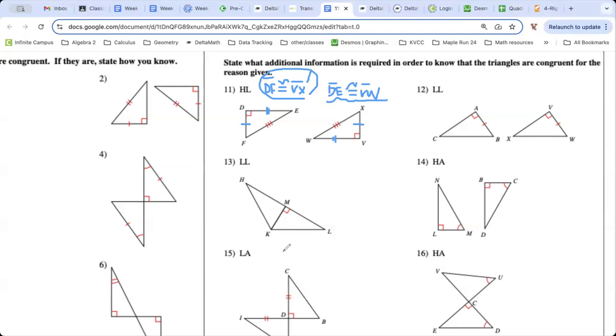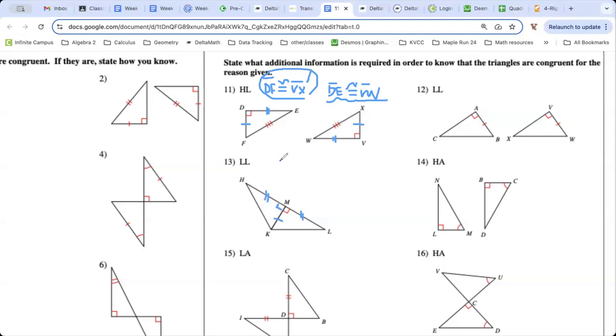13, LL. Okay, so talking about a pair of legs. We know they share this pair of legs. Legs are the sides coming out of the 90-degree angle. So they are right triangles, very good, because angles add up to 180. So that's 90, that's got to be 90. What's the other requirement? We must prove MH and ML.